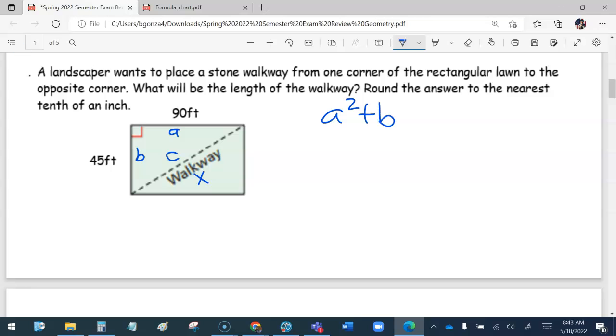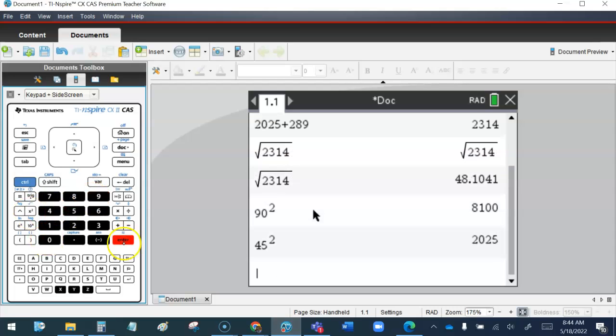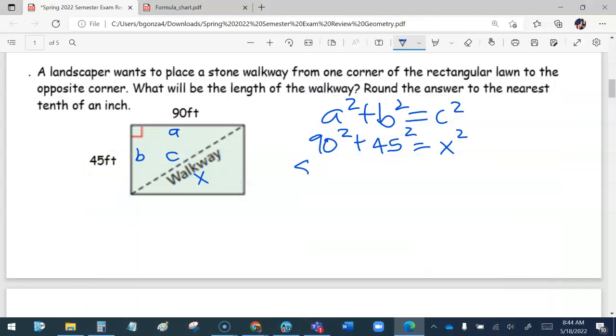A squared plus B squared equals C squared. 90 squared plus 45 squared equals x squared. So what is 90 squared and 45 squared? 8100 and 2025.